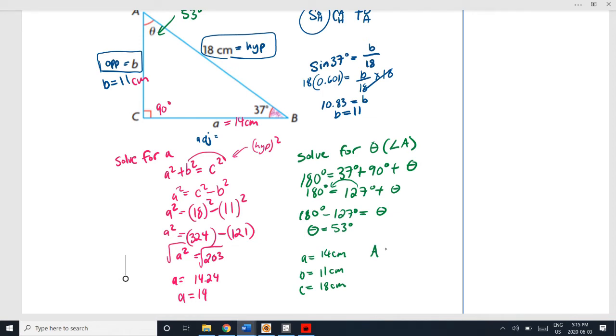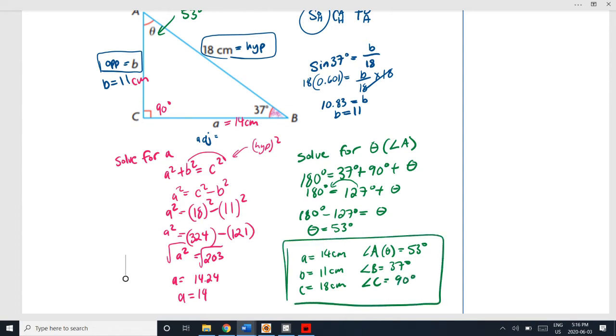This symbol here that looks like a zero with a line through it, called theta, is equal to 53 degrees. Angle B, this angle here, is 37 degrees. And angle C is equal to 90 degrees. So that is our completed solution for this triangle.